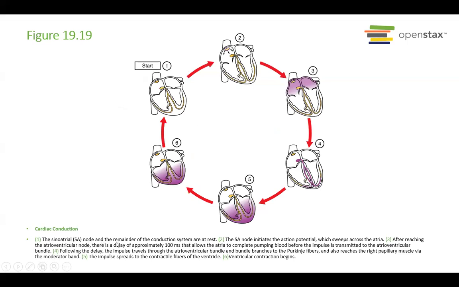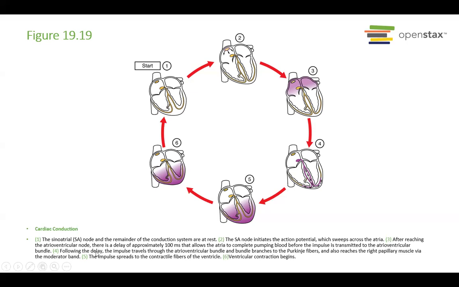So the sinoatrial node and the remainder of the conduction system are first at rest. The sinoatrial node initiates the action potential, which sweeps across the atria. After reaching the atrioventricular node, there is a delay of approximately 100 milliseconds that allows the atria to complete pumping the blood before the impulse is transmitted to the atrioventricular bundle.